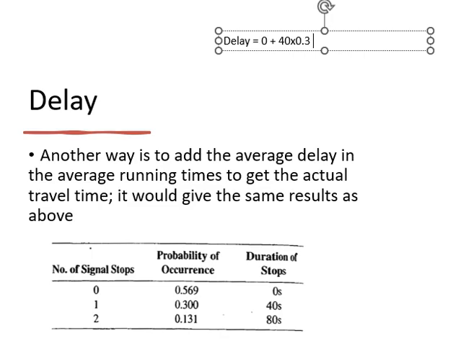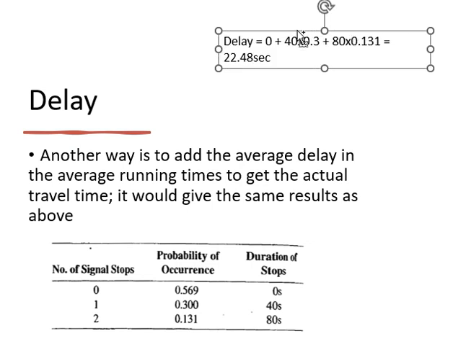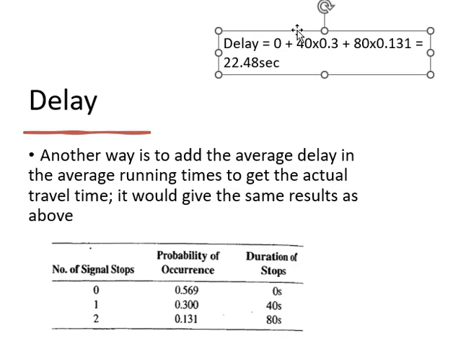And if I take the last value, the possibility is 13.1%. Okay, anyone has any problem? Clear?